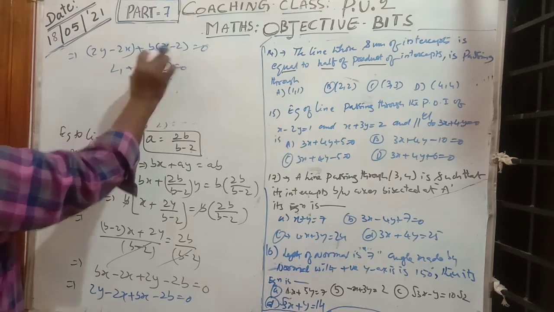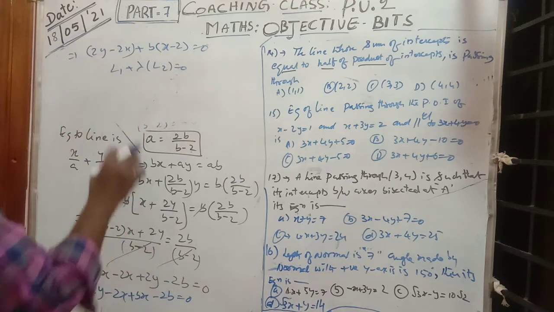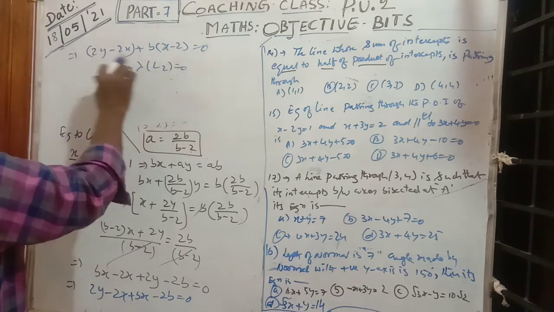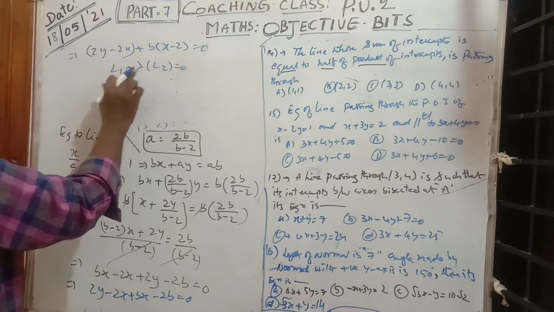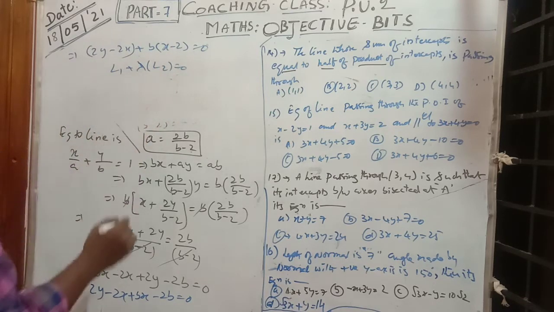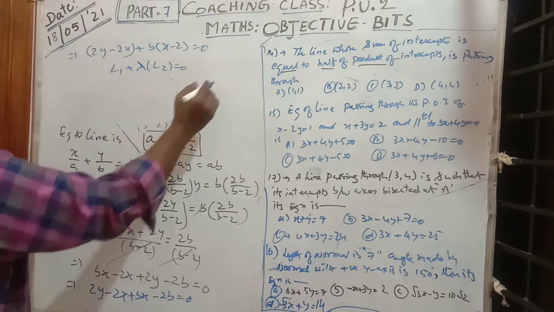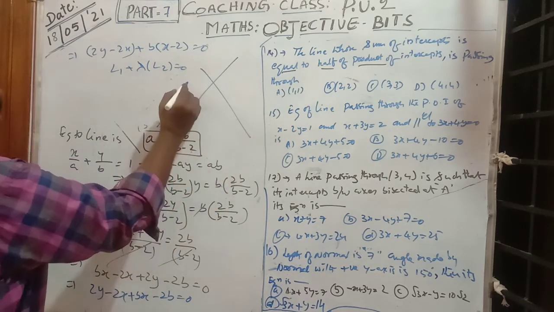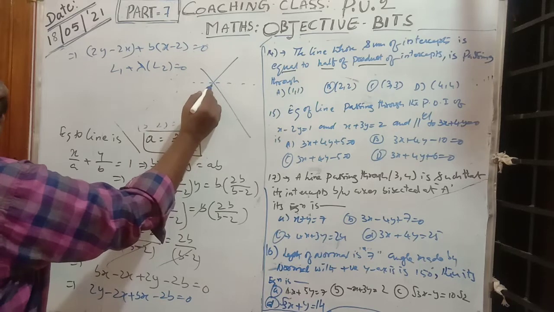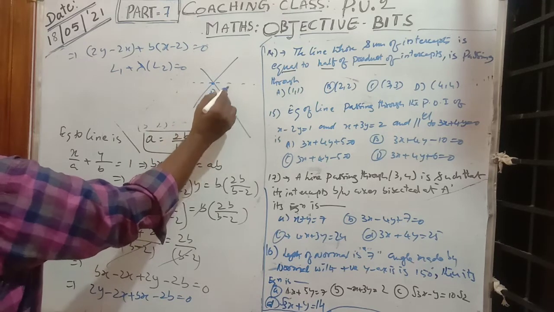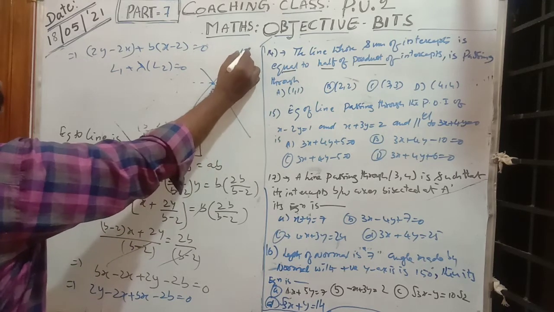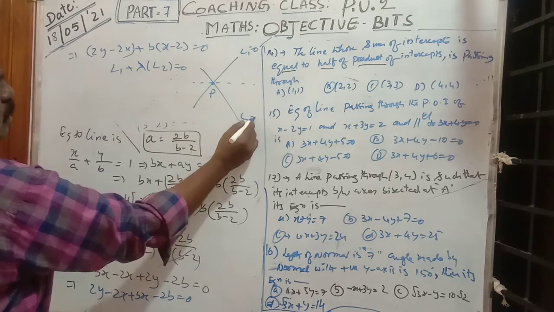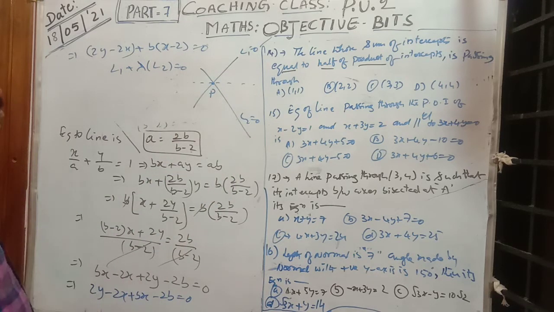B of x minus 2 is another line. This is the equation, just like L1 plus lambda L2 is equal to 0. That means it is just like a third line is passing through the point where L1 is equal to 0 and L2 is equal to 0. That much of concept is there.